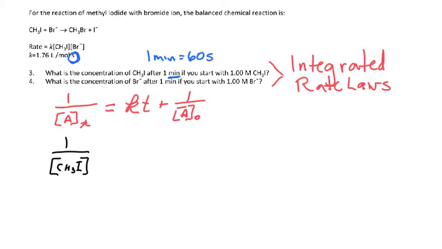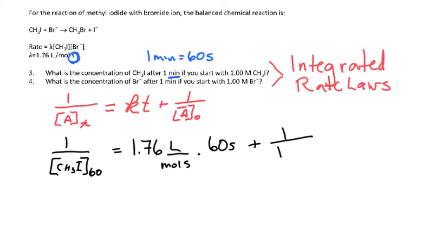So we want the concentration of the methyl iodide at 60 seconds is equal to the rate constant, 1.76 liters per mole second, times 60 seconds, plus 1 over the initial concentration.